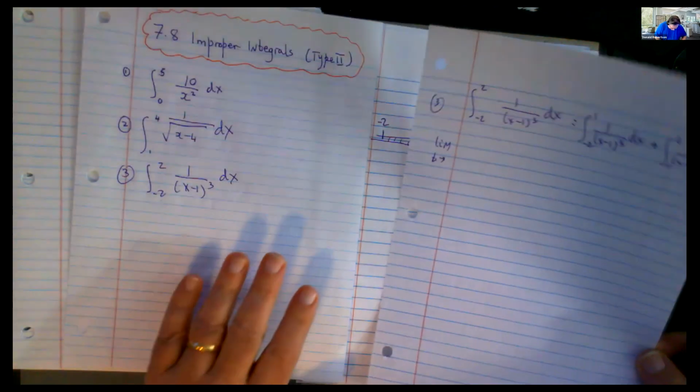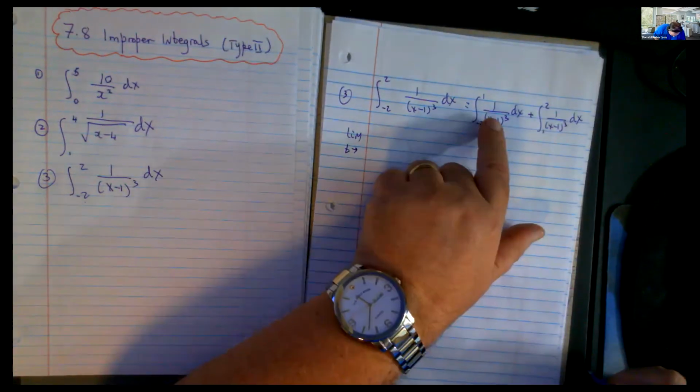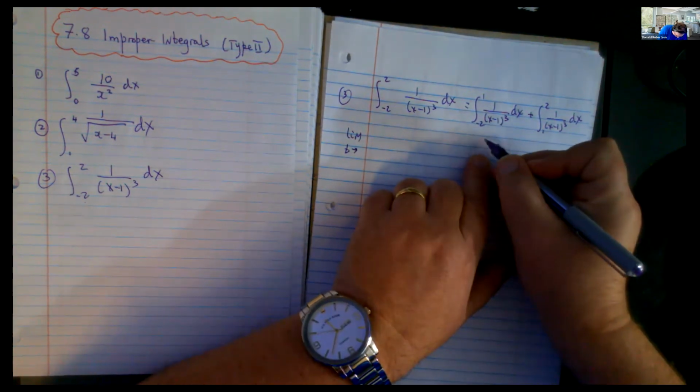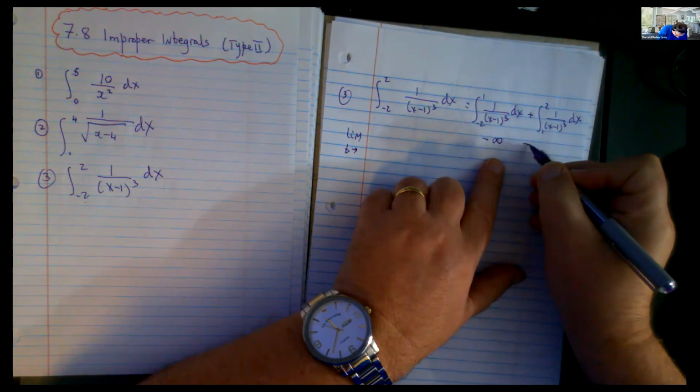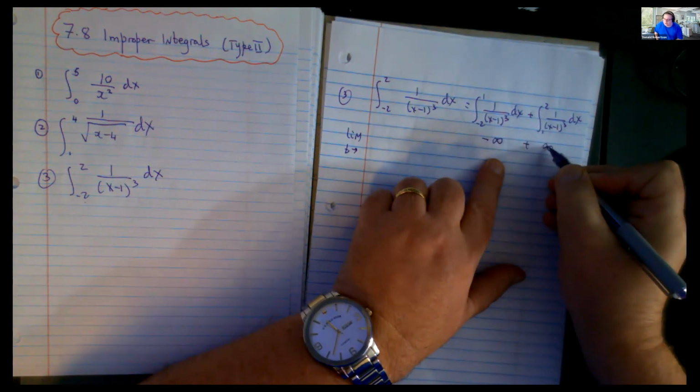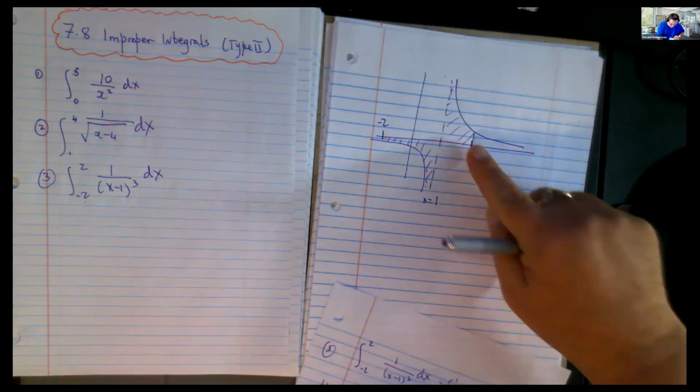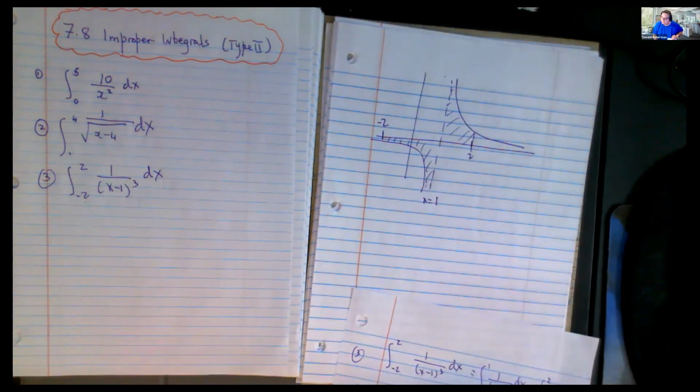Now, another problem. Can you imagine we did this answer here, and the answer ends up being -infinity, and we do this answer and it ends up being +infinity. In other words, both pieces diverge. Can you imagine +infinity, -infinity, right? That could happen.